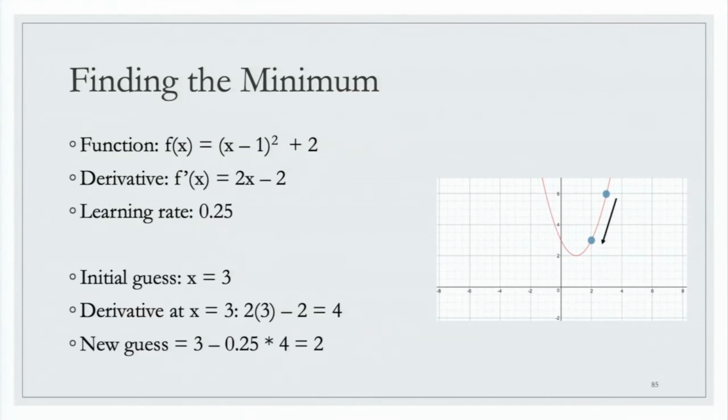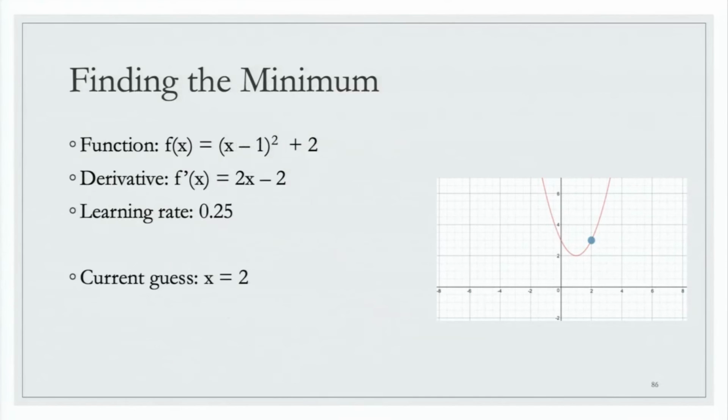So I'm going to make a new guess based on that old value. I'm going to take the old guess, subtract off the slope times some learning rate. This is a hyperparameter that I choose. Here I chose 0.25. It's a smaller number, so I'm less aggressive in how much I'm changing each time. So 3 minus this thing gives me 2. So my guess has moved from here to here. I've gotten closer.